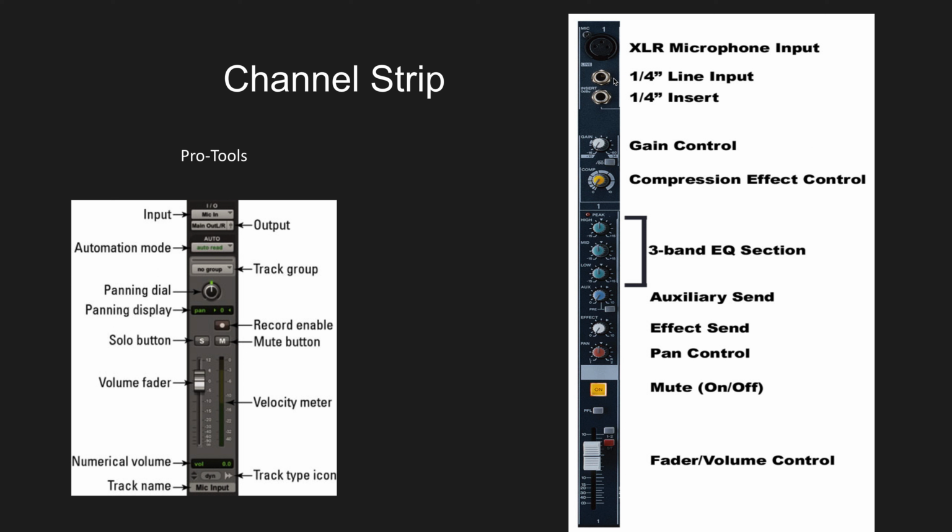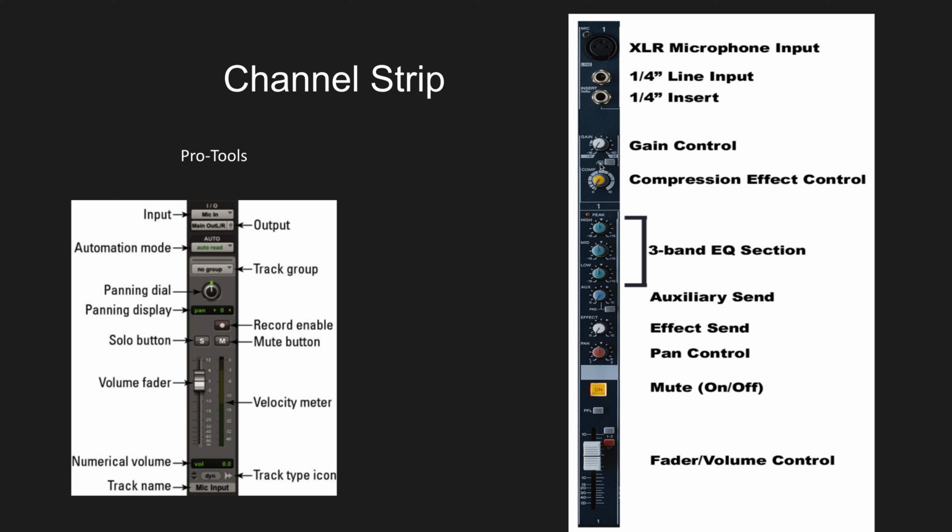In a typical analog channel strip, you have your input. So this is the whole input section. You would have an insert here that goes between your input. You have your gain control. This one has a compression, and then it also has a high pass filter, meaning you can cut off basically all of your low end.